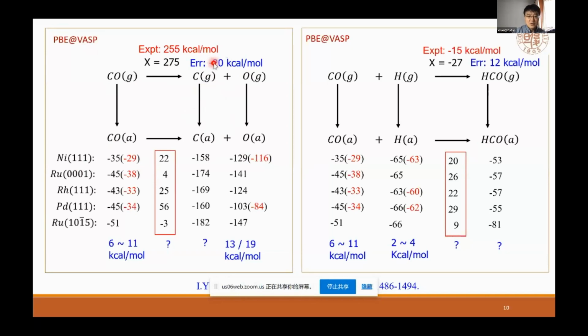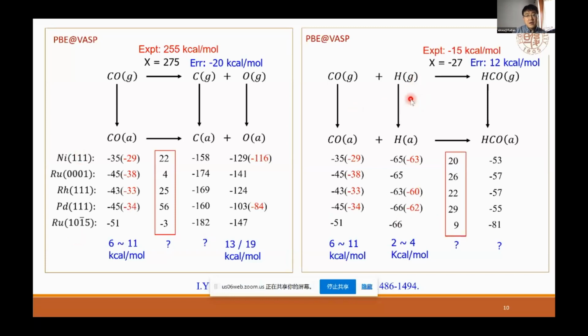opposite side for different metals and different facets. So there exist many other reaction possibilities to form a complex reaction network.